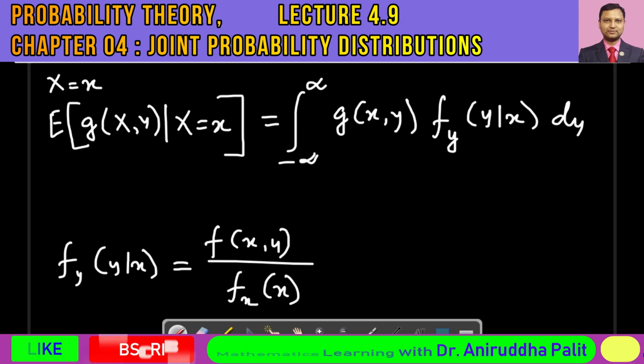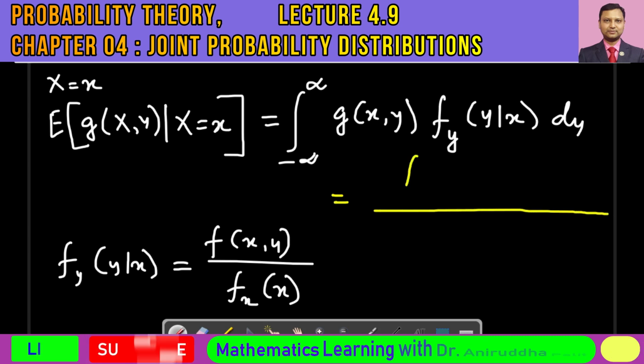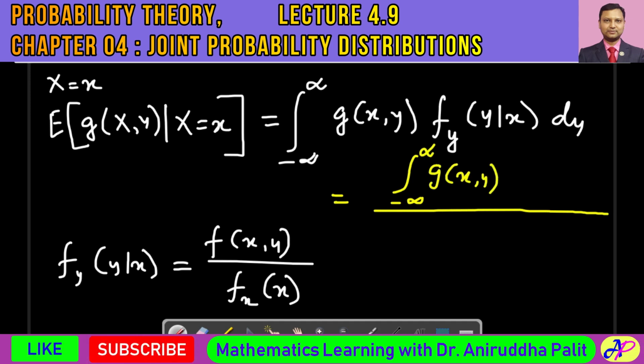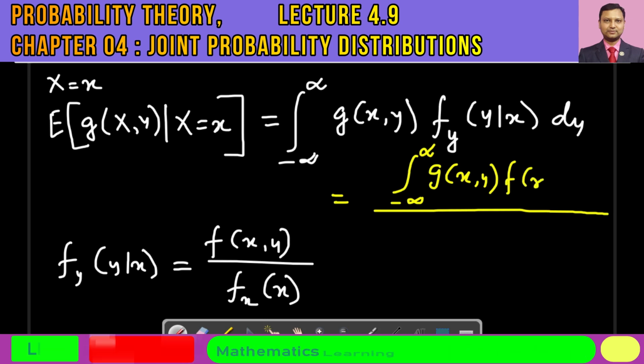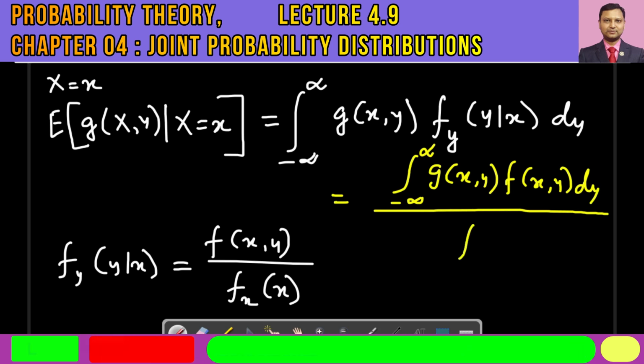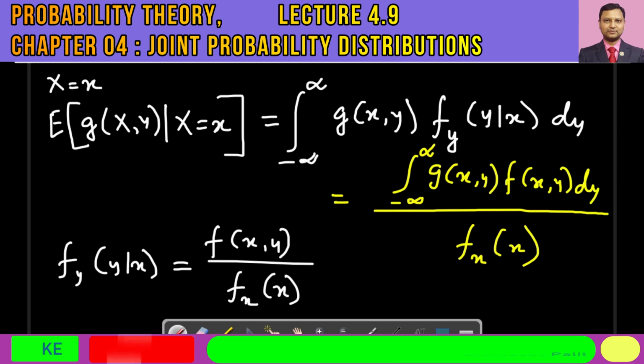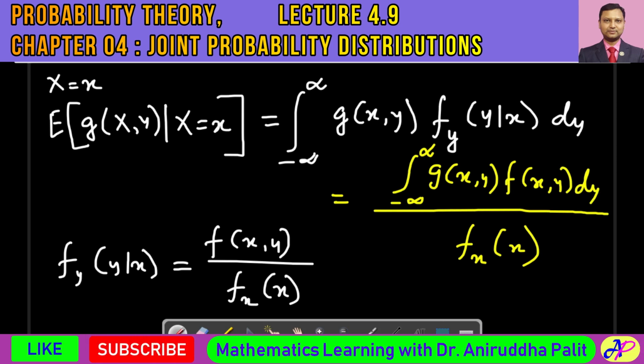Okay, so if we write this expression over here, it can be written as the ratio of the integral from minus infinity to infinity of g(x, y) f(x, y) dy, divided by the marginal density function of x.